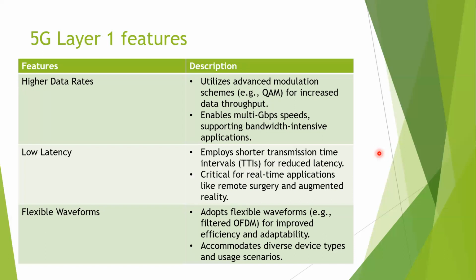Like I did last time with the methods, let me go through all the features. Layer one features: one would be high data rate, which utilizes advanced modulation schemes for increased data throughput and enables multi-gigabit speeds to support bandwidth-intensive applications.